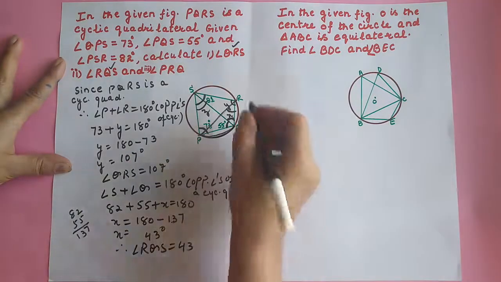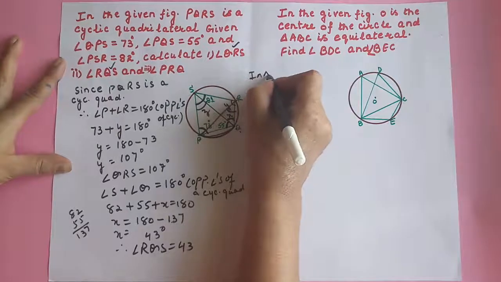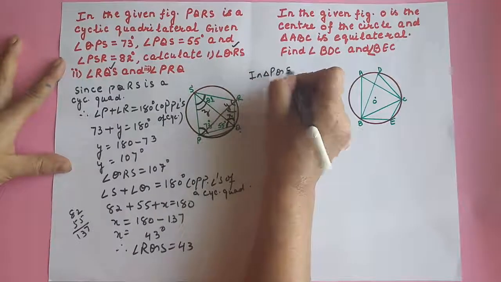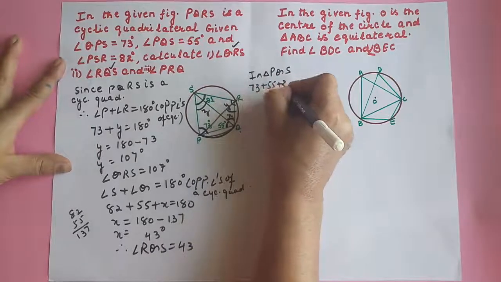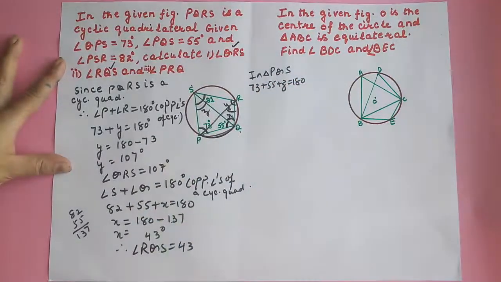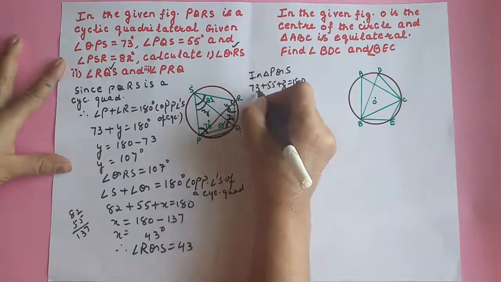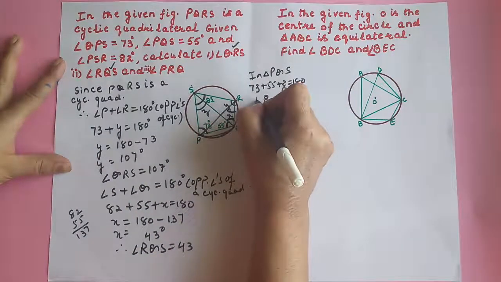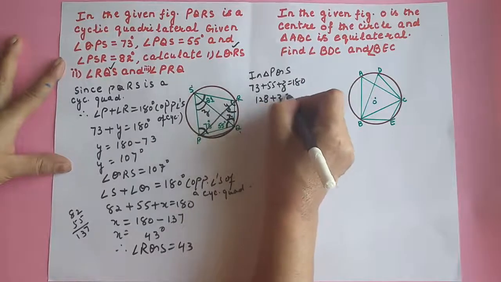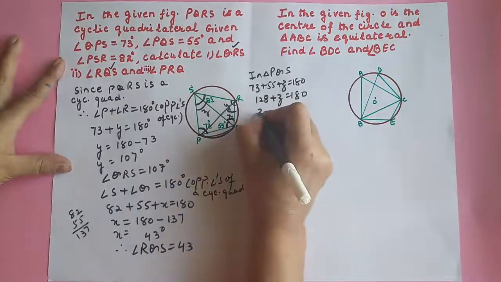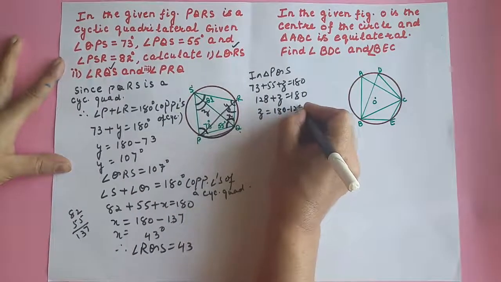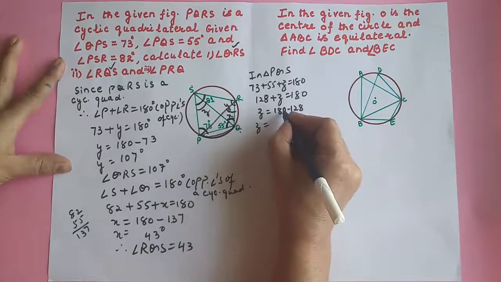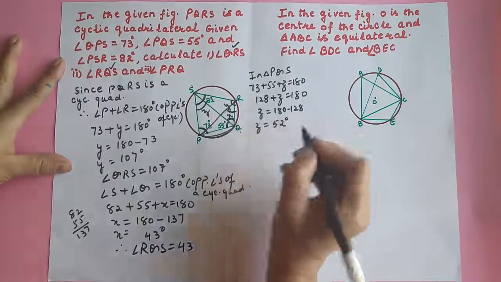Let's do that. We will write in triangle PQS, 73 plus 55 plus Z equal to 180, sum of the angles of a triangle. So this is 128, plus Z equals 180. So your Z is equal to 180 minus 128, so your Z is 52.